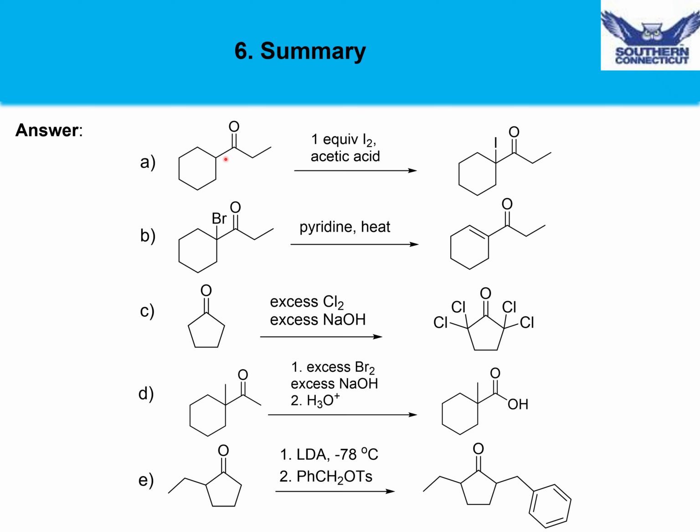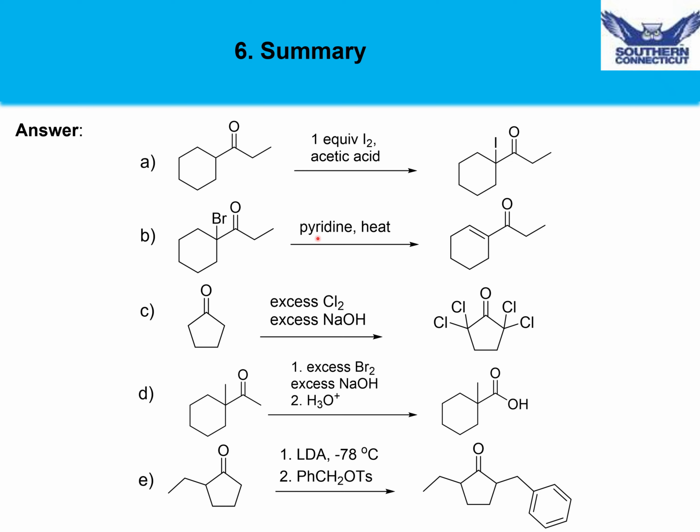As long as that more substituted side has an alpha hydrogen, we can do this. So in this example, on the left side here, the iodine should end up there by forming an enol between the two carbons here, the more substituted alpha carbon and the carbonyl carbon. And so for that reason, we have this as a product.